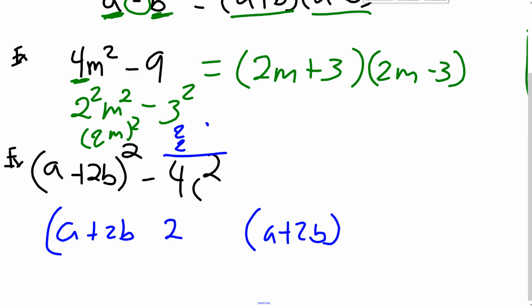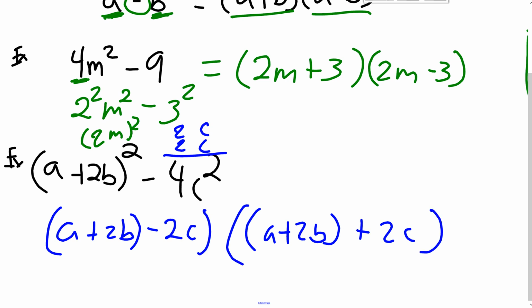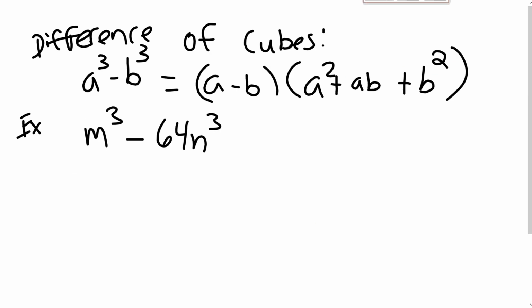What times itself gets me c squared? c and c, so c is being squared. So 2c. I can just do 1 minus and 1 plus. You could do brackets there, there might be another set of parentheses right there, or you can take those down. But that's how you do it.